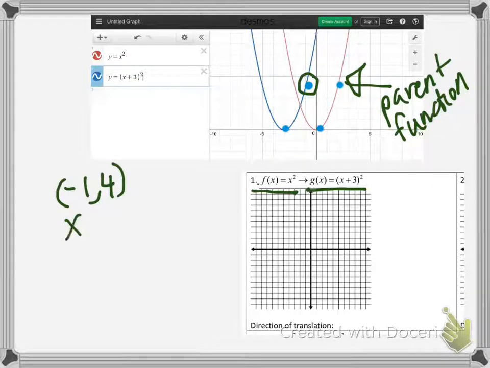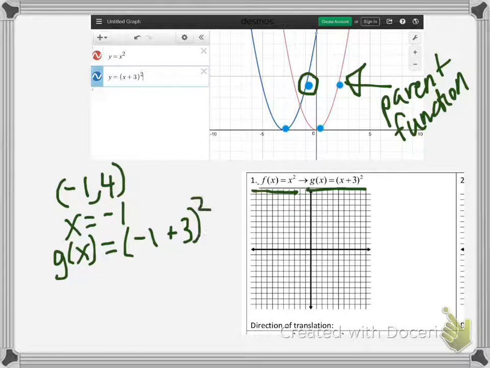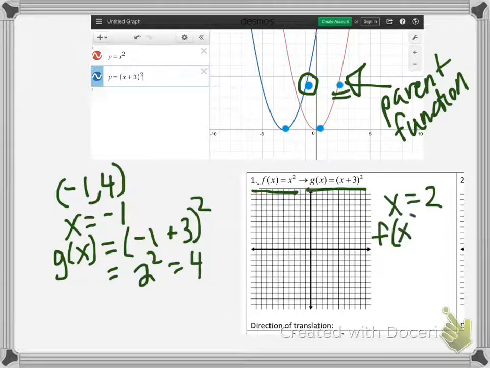Okay, so x equals -1. If you plug that into g of x, you have -1 plus 3 squared, which is 2 squared, equals 4. That's the same thing that you would get at x equals 2 in the original function.